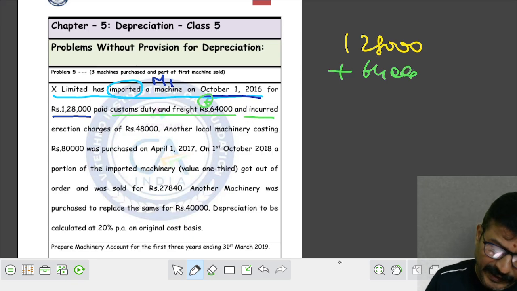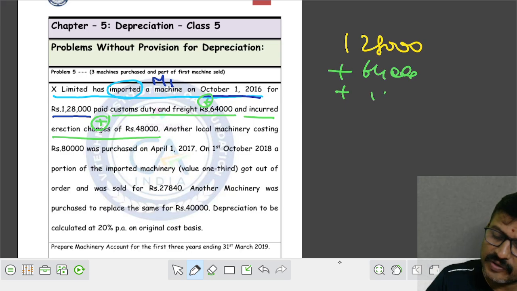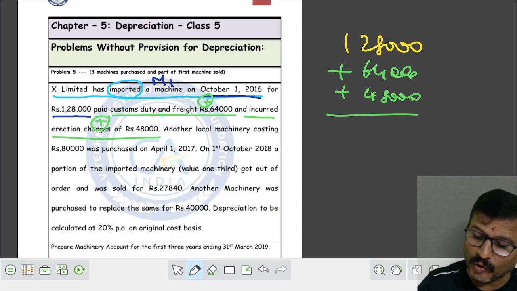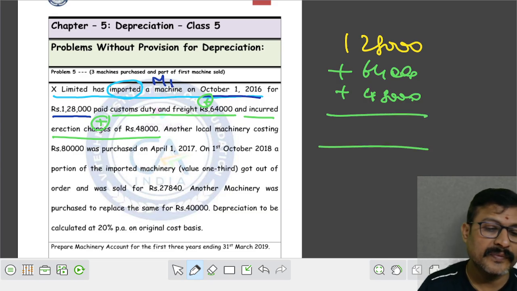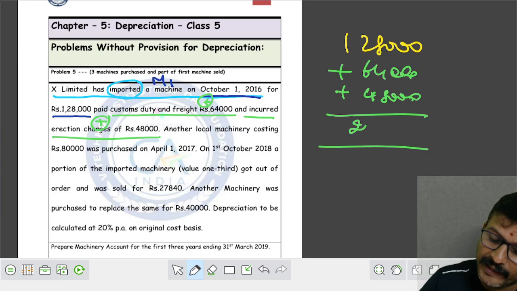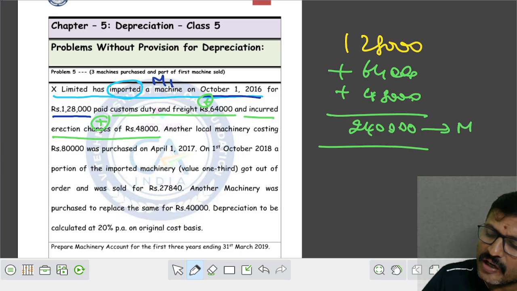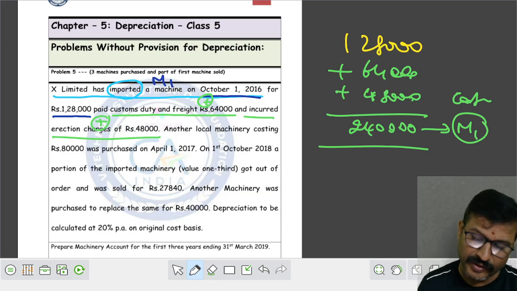And incurred erection charges of 48,000. That 48,000 is also to be added. The total of this comes to how much? 2,40,000 rupees. This is the cost of the machine M1. Did you understand?